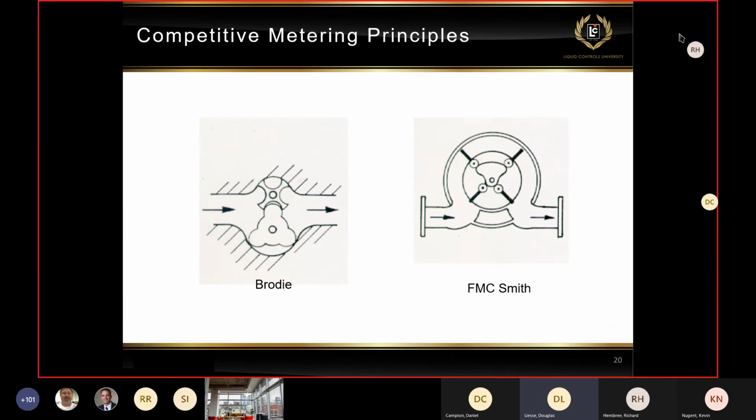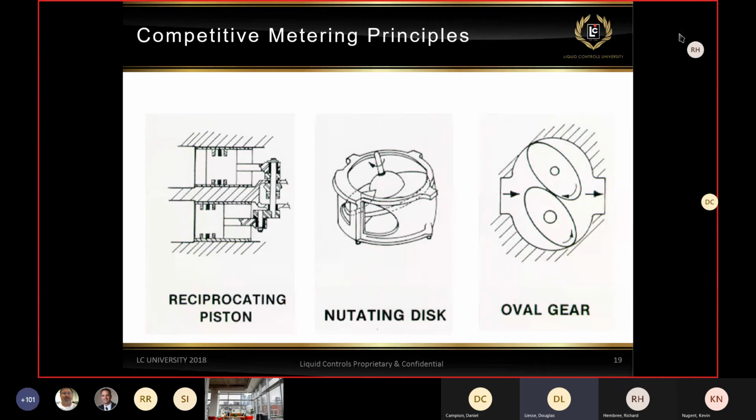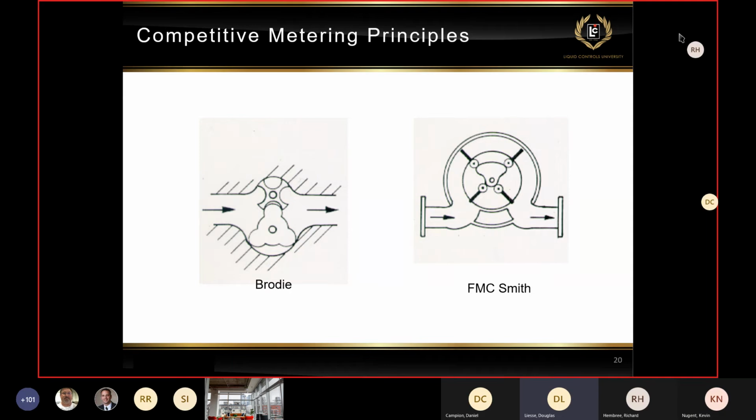Reciprocating piston, where that application's at. Nutating disc, oval gear. There's a birotor meter from Brodie, and then the sliding vane meter that's from FMC Smith.